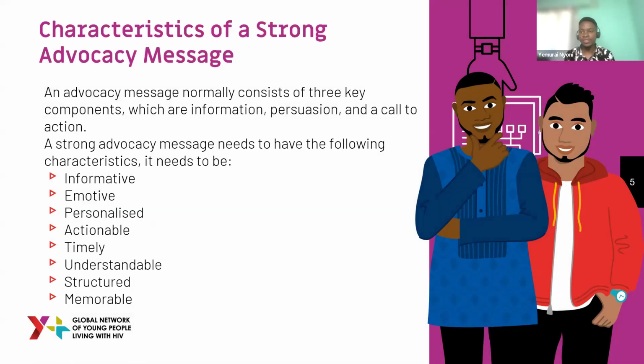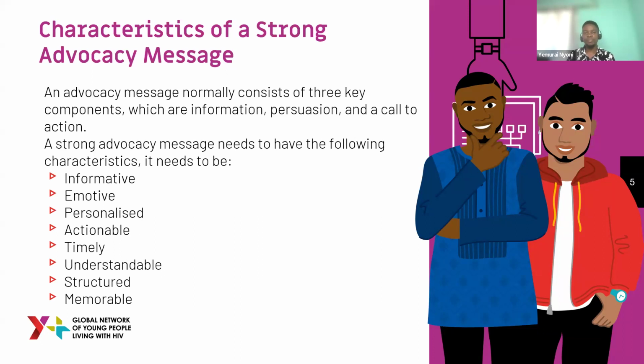So this is what I asked you about after we just gone through slide 1. I asked about the characteristics of a strong advocacy message, or a persuasive advocacy message. And you've already spoken about a lot of these elements. So there are 3 main characteristics of a strong advocacy message.